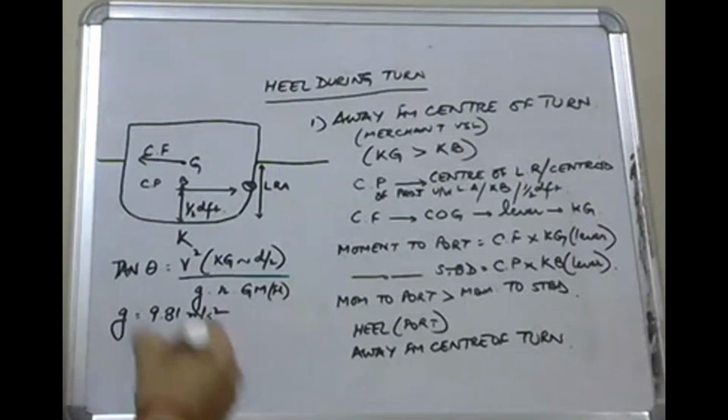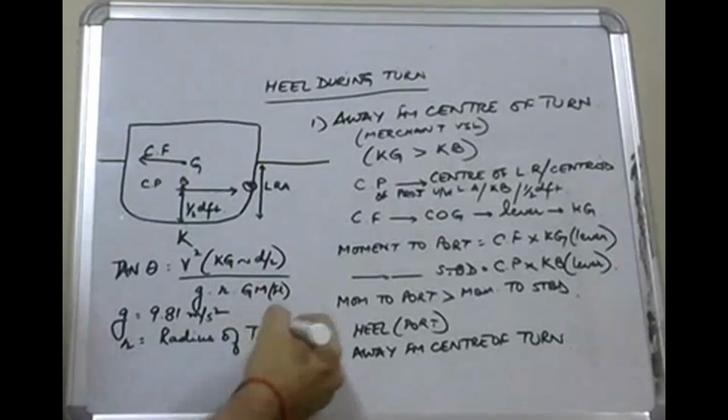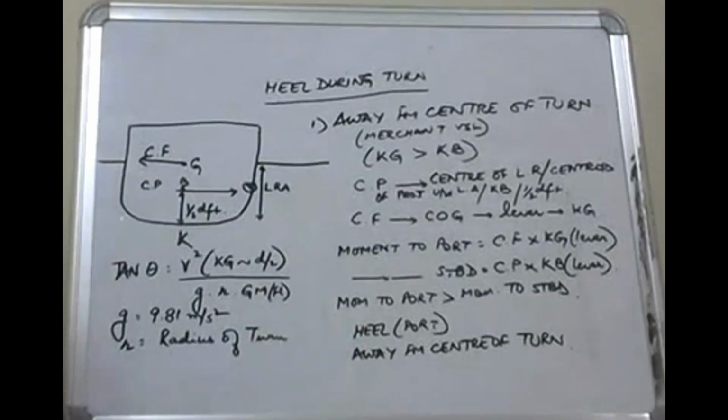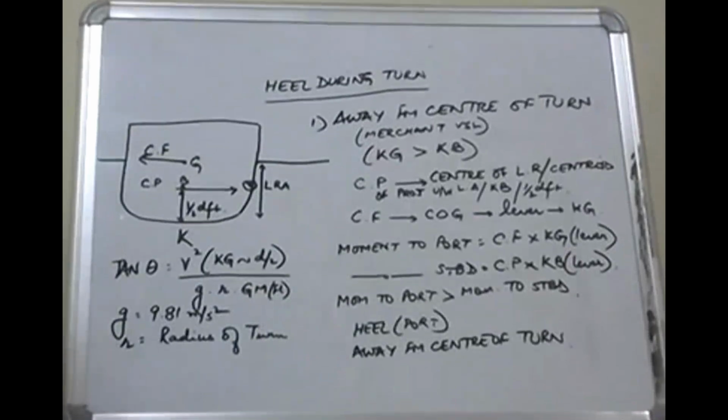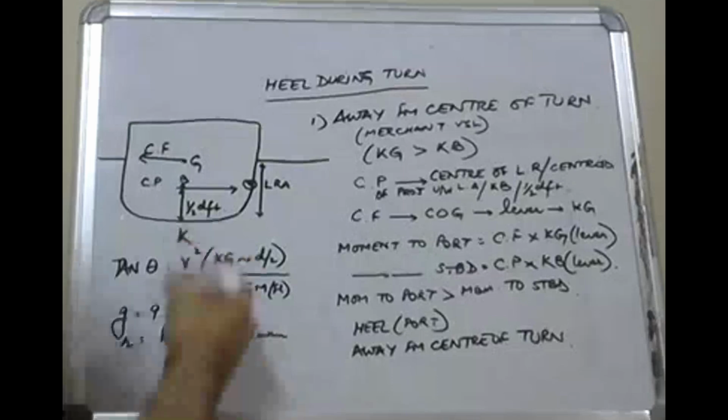R is radius of turn. GM fluid, you know.